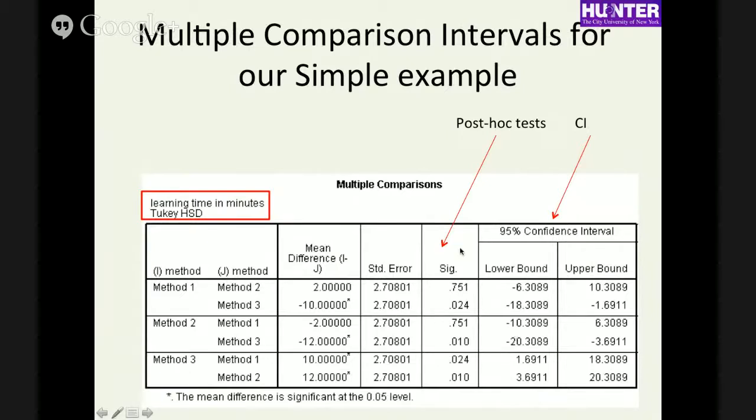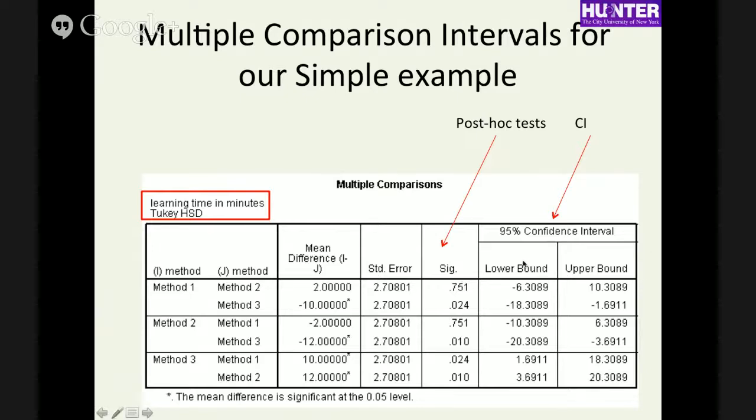The first is from these significance values, these p-values. You could just look at all the ones where it's less than 0.05 and say we have strong evidence of a difference for those. So between 1 and 3 and between 2 and 3. Whereas between 1 and 2, we have a p-value of 0.71. It's not less than 0.05. So we don't think there's a difference between 1 and 2.